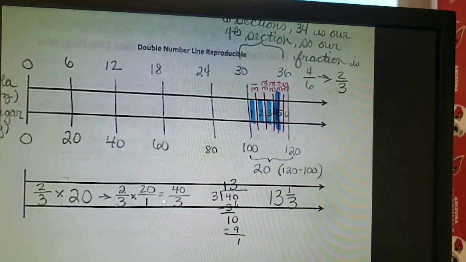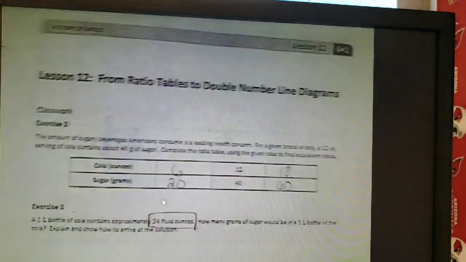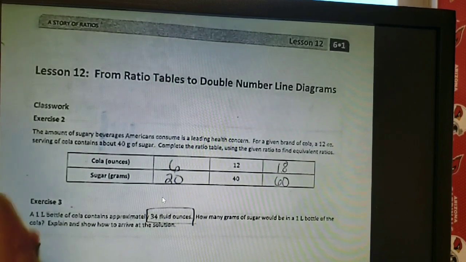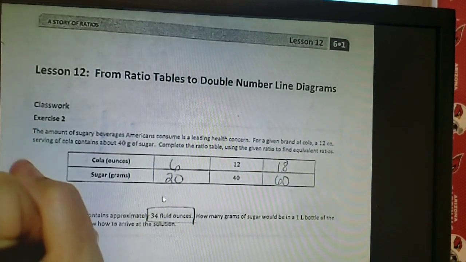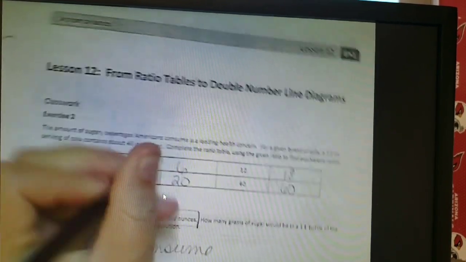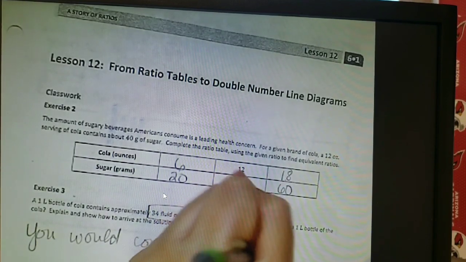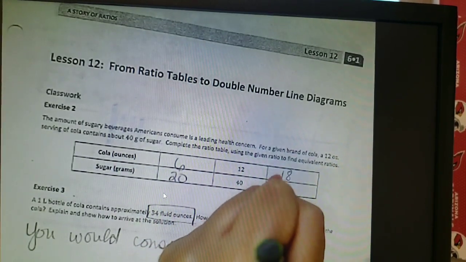So for your final answer, when you did this, you would consume 113 and 1/3 grams sugar.